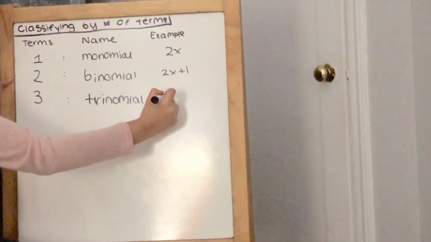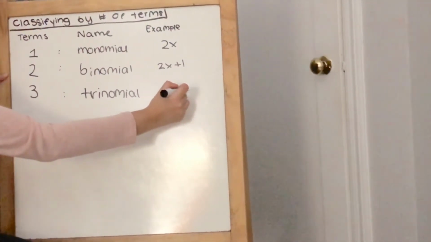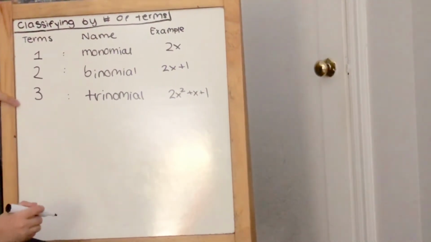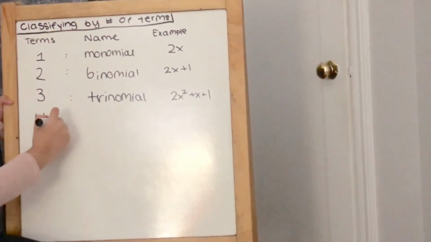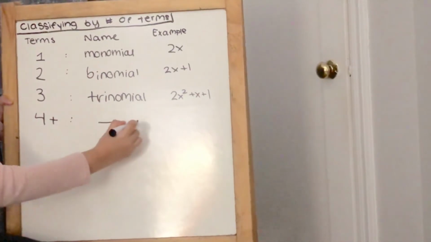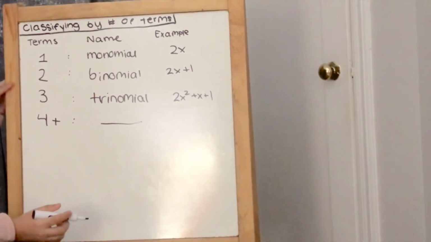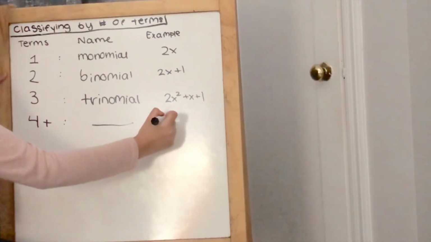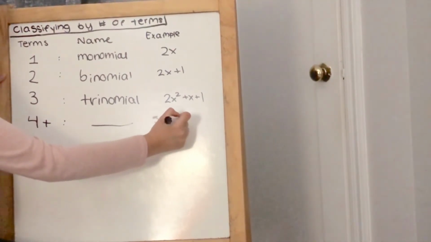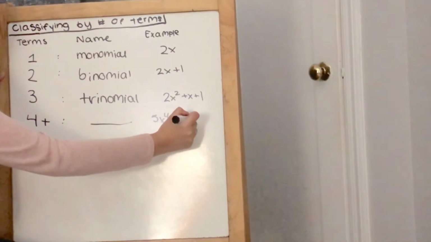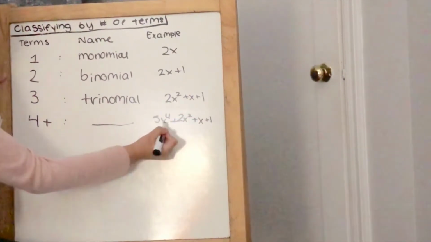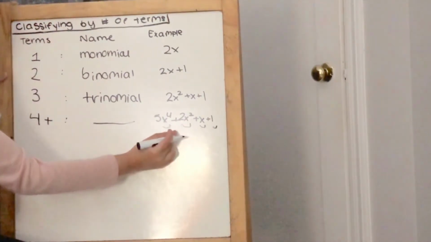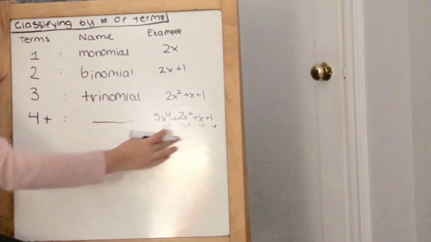So an example would be 2x squared plus x plus 1. If we have four or more terms, there's no specific name, and an example would be something like 5x to the fourth plus 2x squared plus x plus 1, because there's 1, 2, 3, four smaller chunks, or four terms.